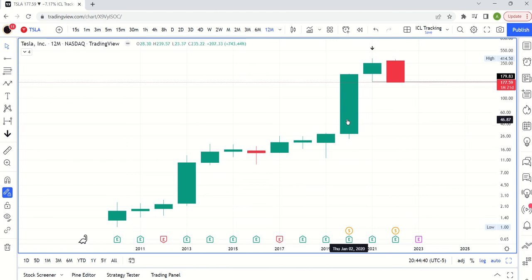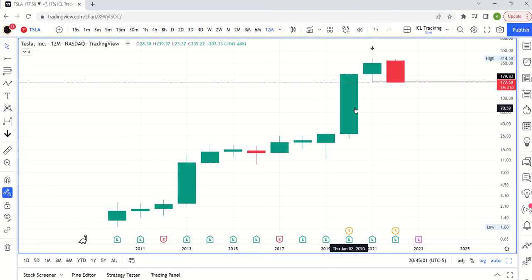And then you get the real explosion year, 2020, where you had a low of $23 and a high of $239, right? So a 10x in a year. And not even thinking about the low, the open for that year was $28, right? And the close was $235.